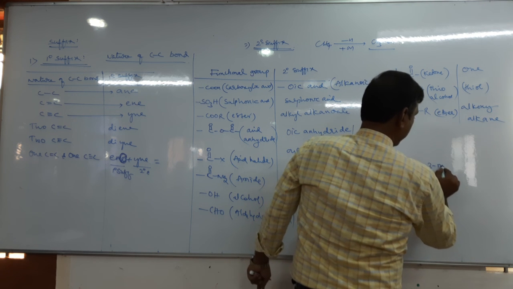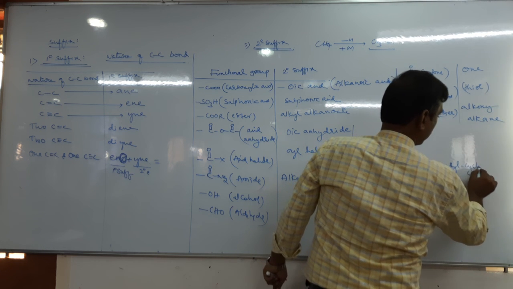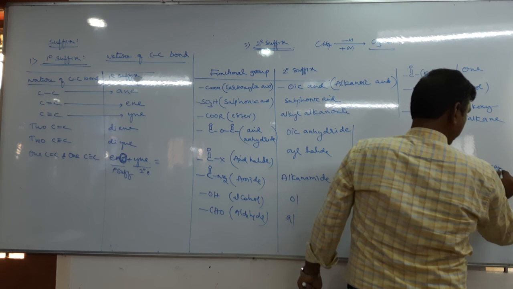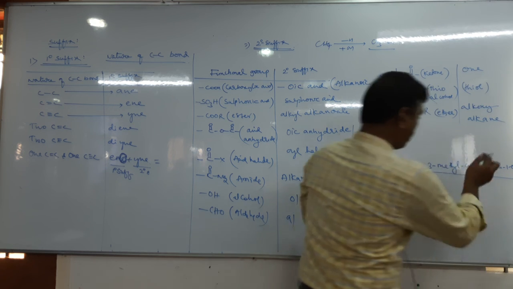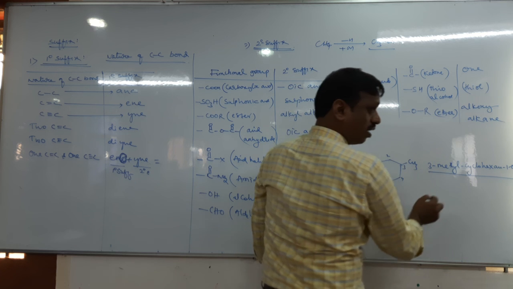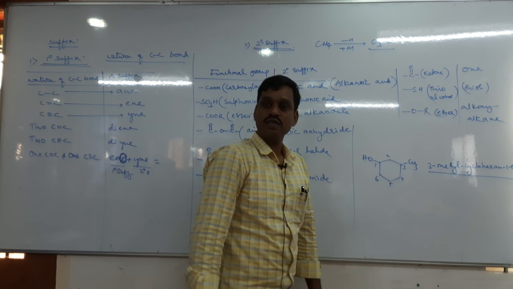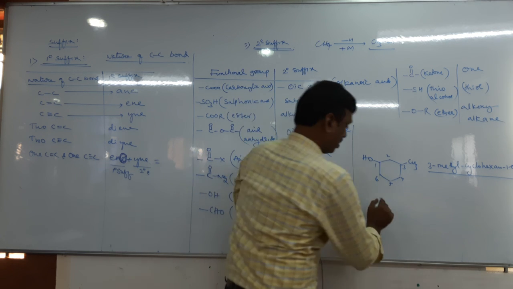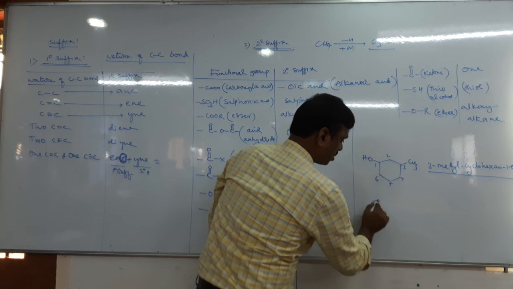So it is 3-methylcyclohexan-1-ol. In this IUPAC name, what is written first? 3-methyl, a substituent, which is the secondary prefix. Therefore, in the format of an IUPAC name, we first write the secondary prefix.